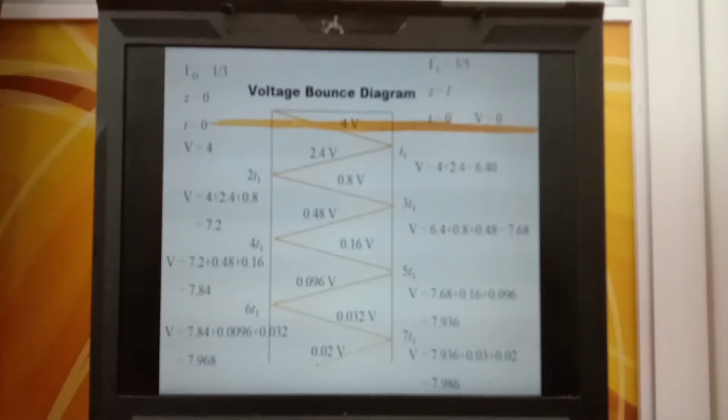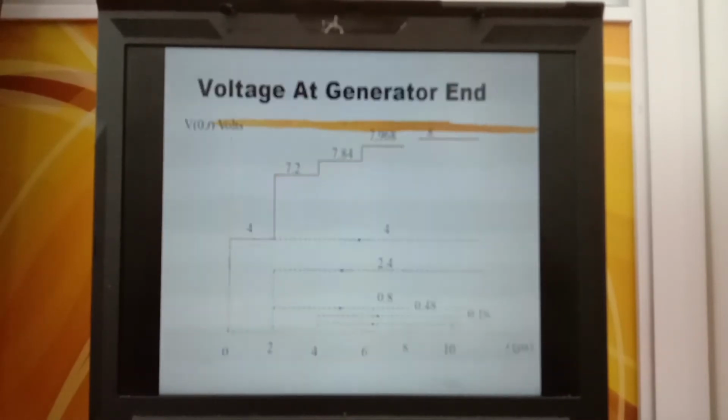So the voltage at the generator will be 0.48 volt plus 0.16 volt plus the earlier voltage of 7.2 volt. Alternatively, you can add up all these voltages, 0.16 plus 0.48 plus 0.8 plus 2.4 plus 4. Yeah, we will get the same answer of 7.84 volt and so on.